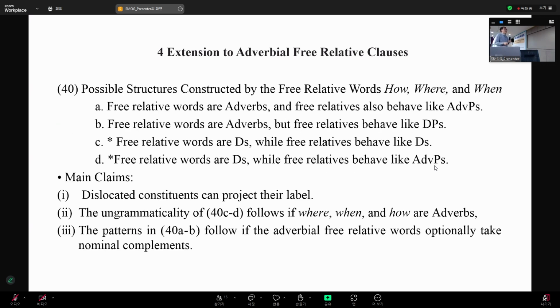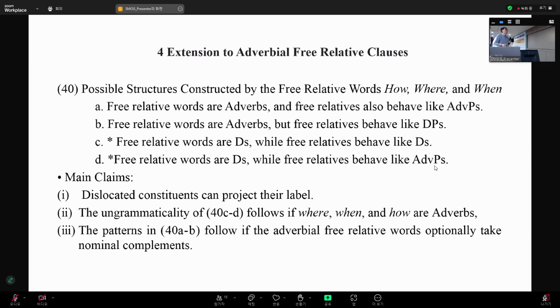Okay, to recapitulate, there are two possible constructions generated by how, where, and when. Free relative words are adverbs, and free relative clauses also behave like adverbial phrases. Free relative words are adverbs, but free relative clauses behave like DPs. And there are no cases in which free relative words are Ds. I claim that these dislocated constituents can project their label, so I still maintain this claim.